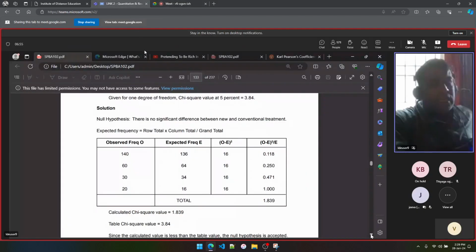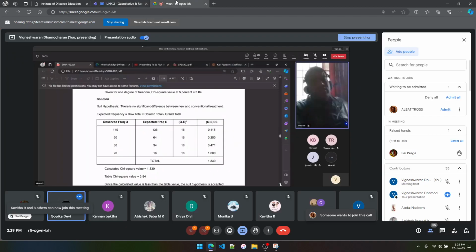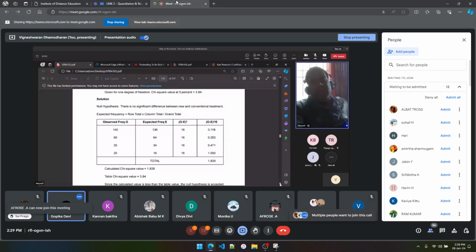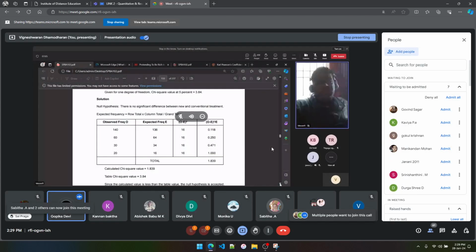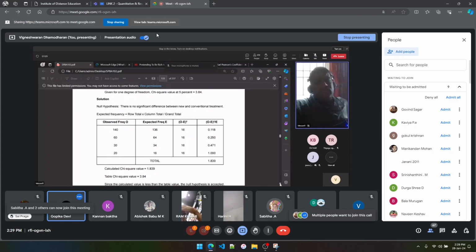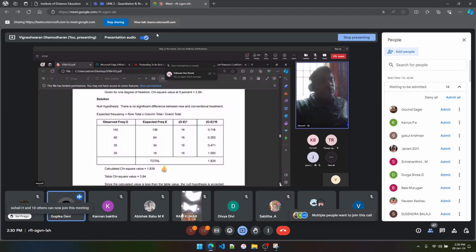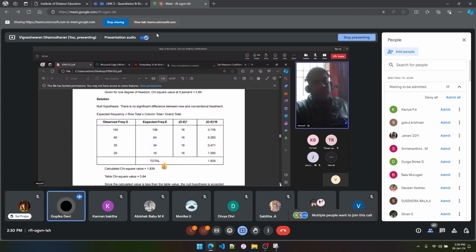Once you find the square of the difference, that should be divided by the expected frequency. 16 divided by 136, 16 divided by 64, 16 divided by 34, 16 divided by 6. Now, let us mention the overall estimate of the square of the difference of observed frequency and expected frequency by expected frequency.